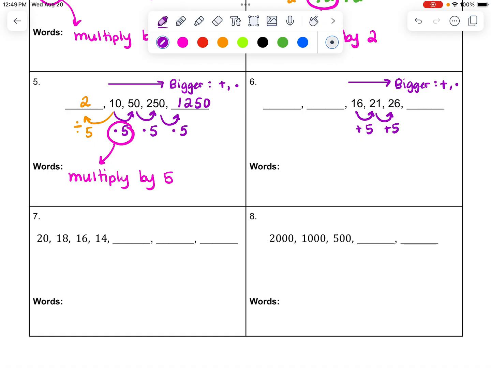Plus 5 works again, so that is the correct pattern. Now I can also go the other way. If I subtract 5, I get 11, and then I get 6. My pattern is plus 5.